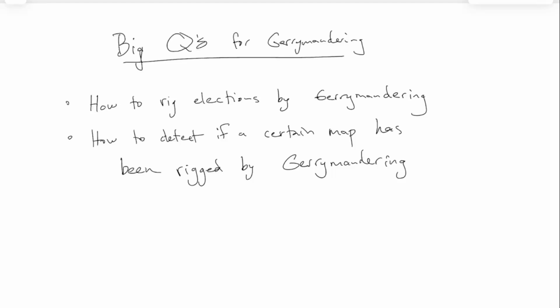That matter of convincing someone that the map is unfair is something that's not clear at all how to measure, like how unfair really is the map. And that's what this second bit is about.